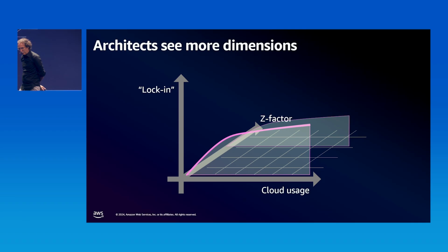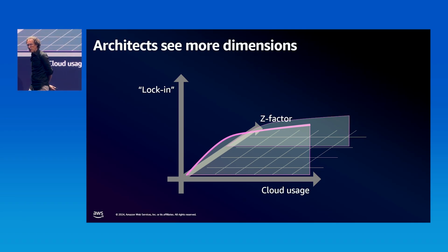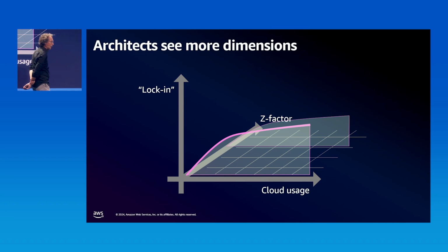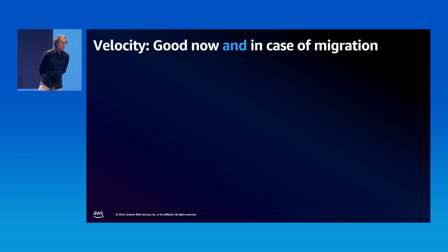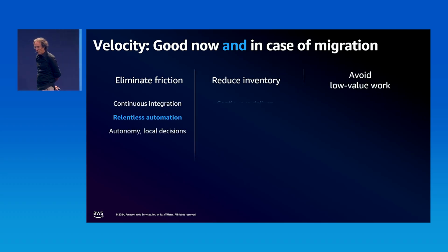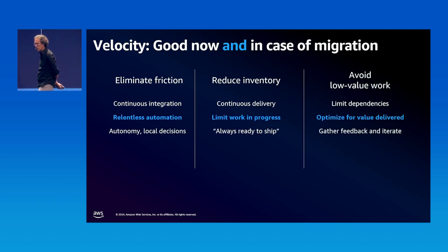They're using the same product. There's nothing wrong with this product. The switching cost that they face is orders of magnitude different because of the way they're working. And it's not about passing the buck, right? It's about expanding the solution space. There are other dials that you can turn, and velocity is a very powerful dial to reduce switching costs.